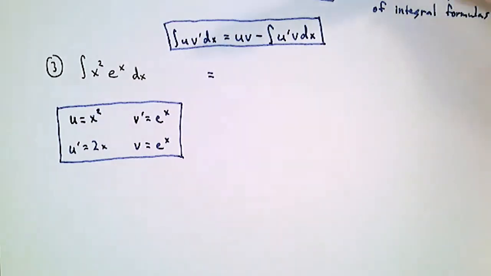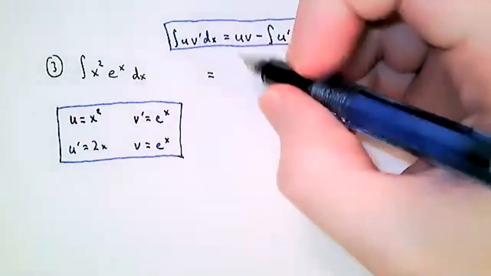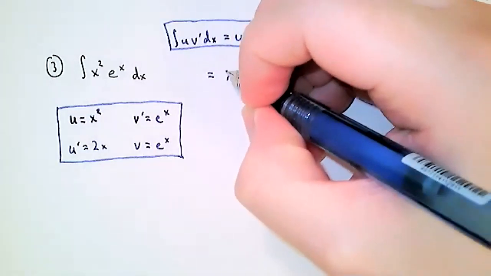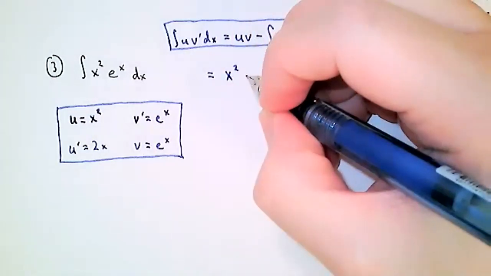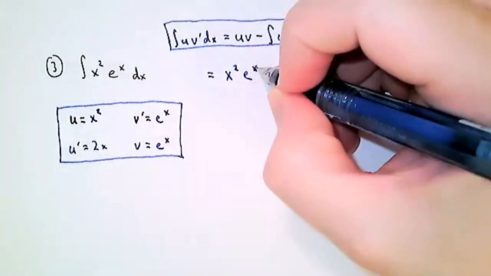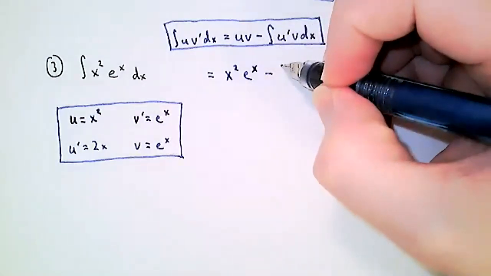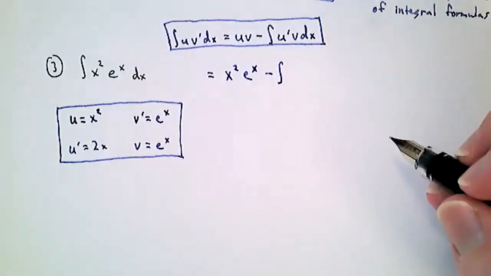So we need, in our rule, u times v, that'll be x squared times e to the x. And you'll notice this is what we started with in our integral, the original integral. And then we have a second integral that we'll have to do.